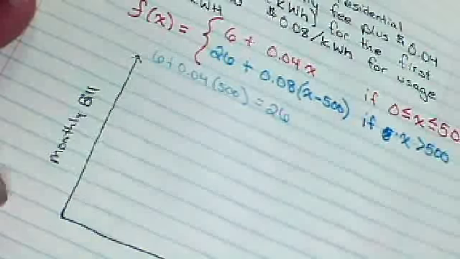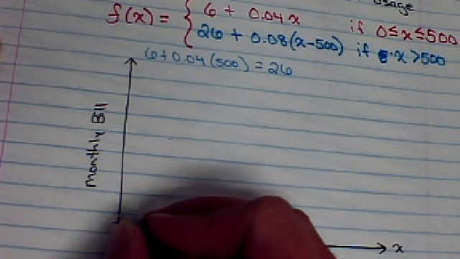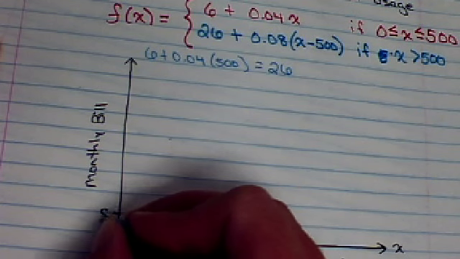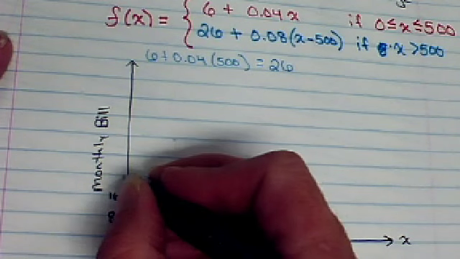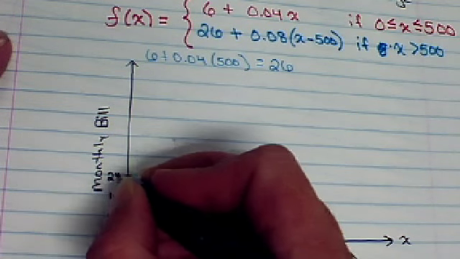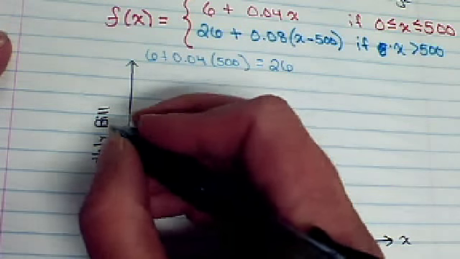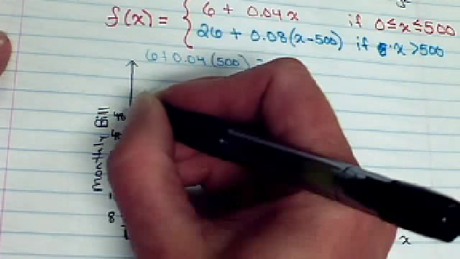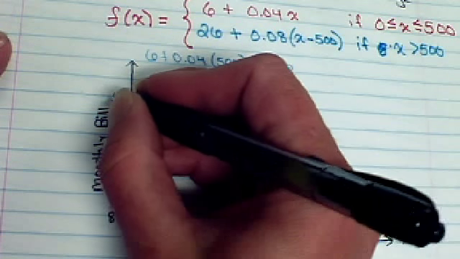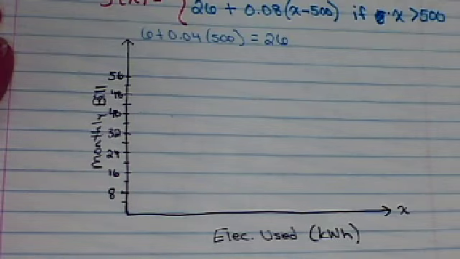So let's say I'm going to count by fours, it makes it easier. 8, 16, 24, 32, 40, 48, and 56.